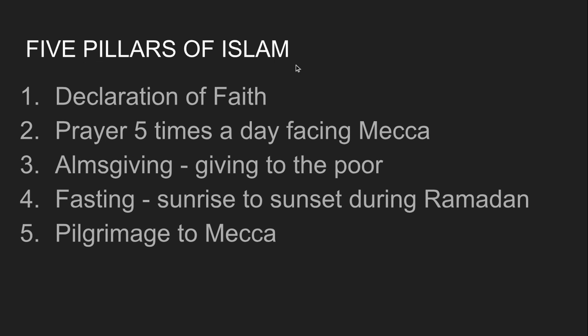There's 5 pillars of Islam. We have the declaration of faith, so you've got to declare that Islam is your faith. Pray 5 times a day facing Mecca. Almsgiving, so you have to give to the poor. Fasting, so sunrise to sunset during Ramadan, you don't eat. Pilgrimage to Mecca, and once in your lifetime, you have to go to Mecca.